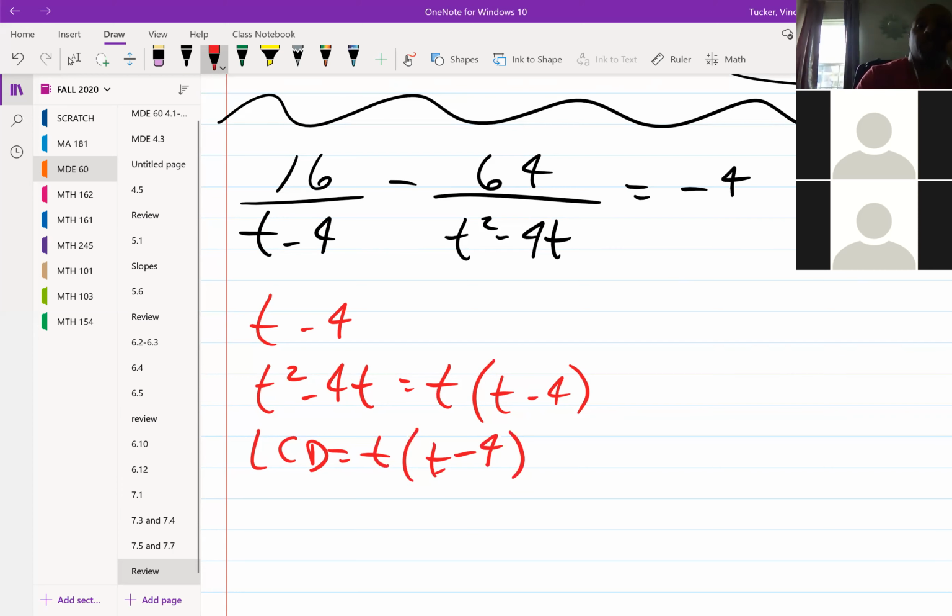No, because you had a t that was in each term, so you factored it out. Now, if you had t squared minus 4 without a t, then you would have had a difference of squares. So we pull that t out, we get t times t minus 4.